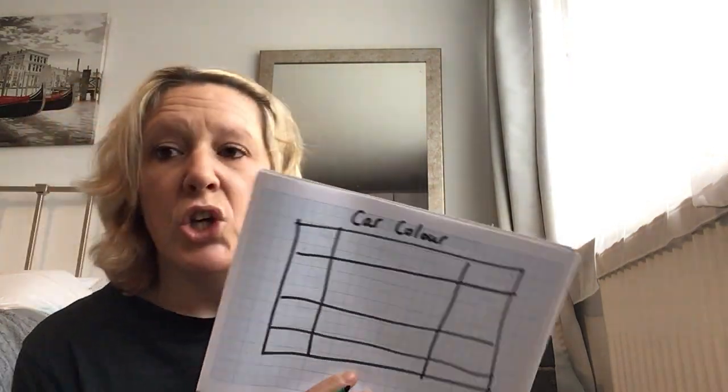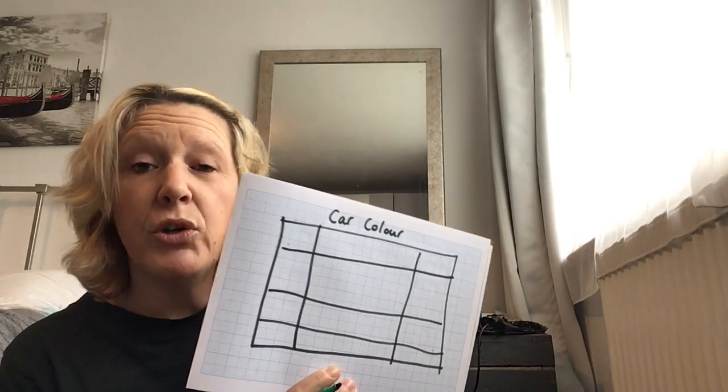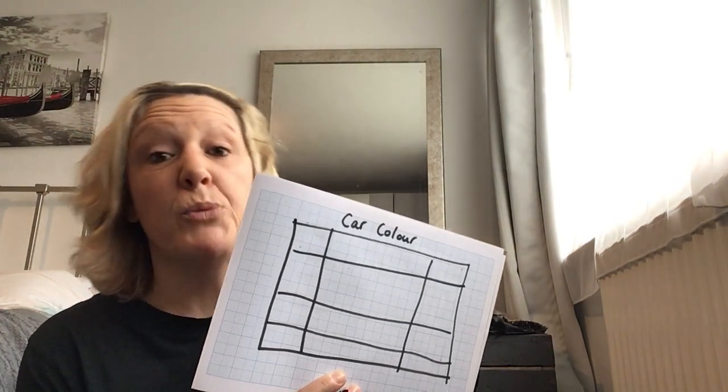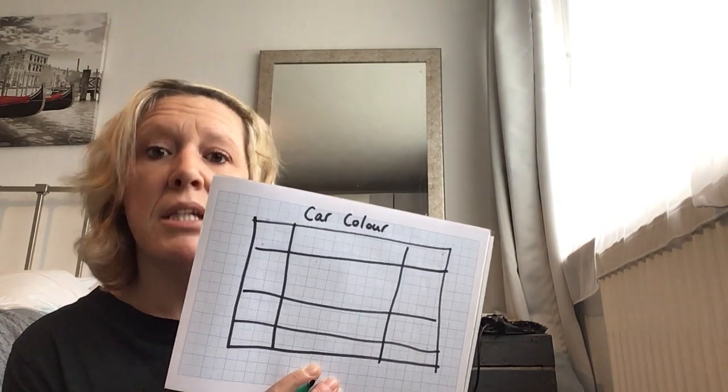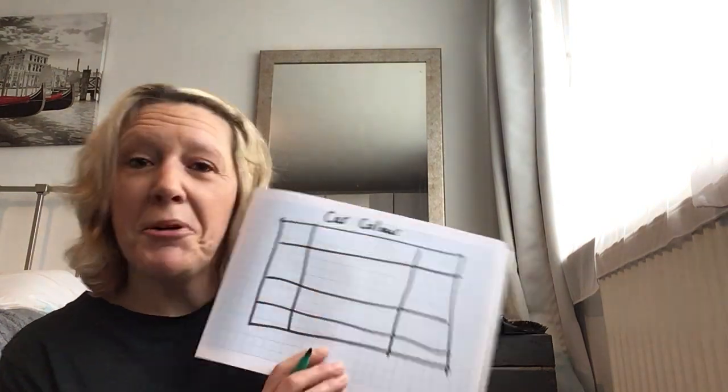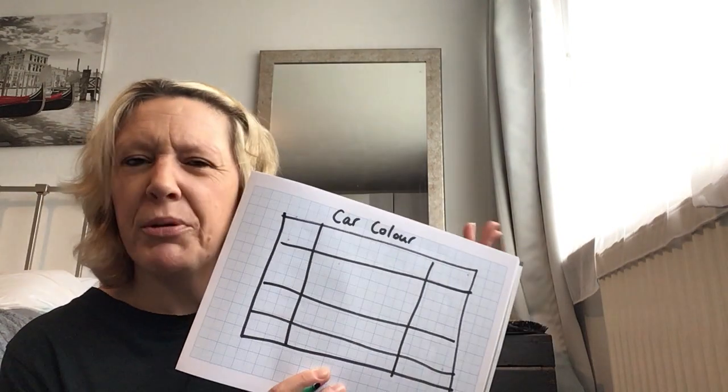Now, you could look out the window if you live on a road where you get lots of traffic coming up and down. I live on quite a main road, so I could look out the window and see which is the most popular car colour that goes past. So let me think of the different car colours I might choose. I might choose red, black, so that's like my car, silver and green.